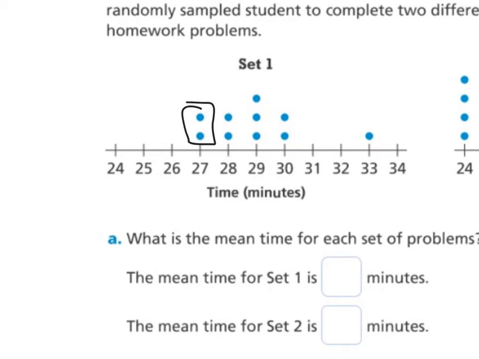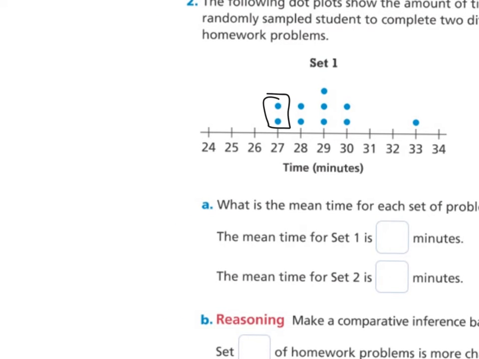So in other words, we start out with two 27s. Then we have two 28s. Then we have three 29s, two 30s, and a 33. So you can either add all the numbers individually, 27 plus 27 plus 28 plus 28, and so on, or you can look at repeated numbers.